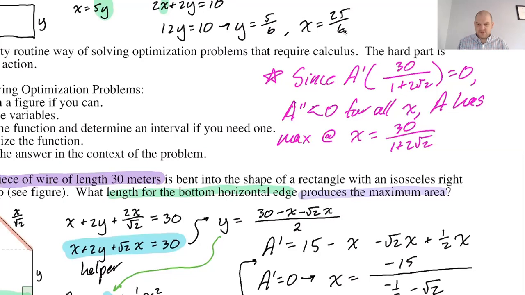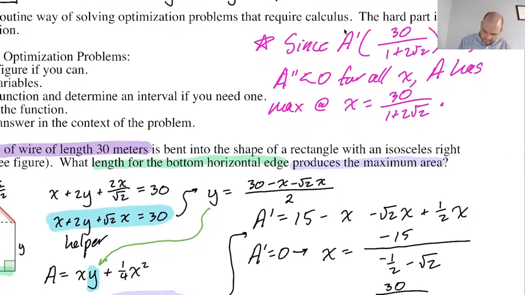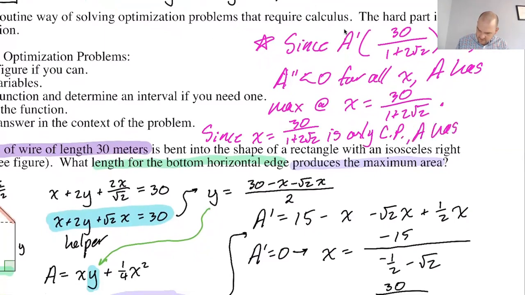This is like a gross problem to start with. I apologize. Probably should have thought more about that. But whatever. All right, so here's the key thing. Since x equals 30 over 1 plus 2 √2 is the only critical point, A has absolute max at x equals 30 over 1 plus 2 √2.